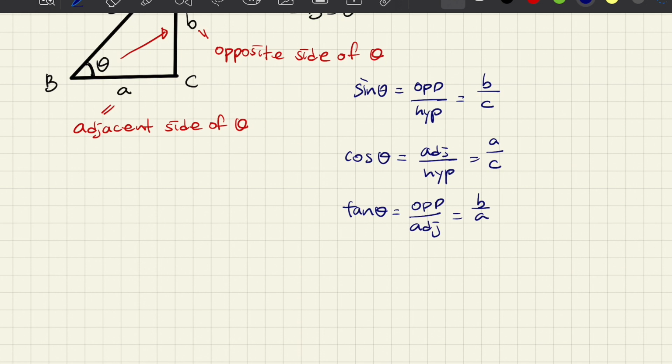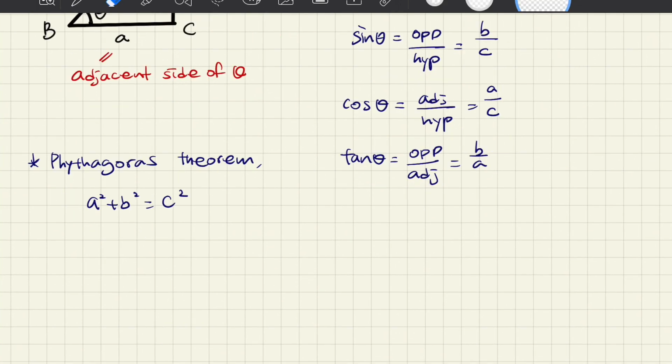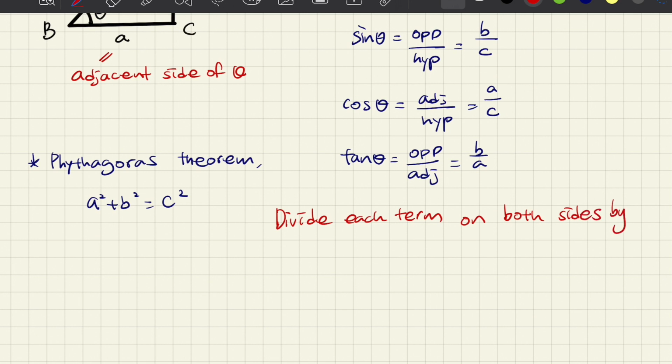Sine squared theta plus cosine squared theta equals 1. Step 1 is applying the Pythagorean theorem to the triangle. Then we get a squared plus b squared equals c squared. Then we can divide each term on both sides by c squared.